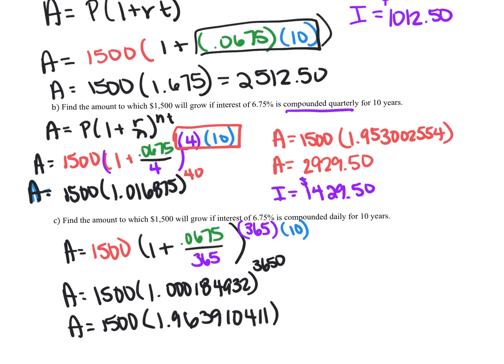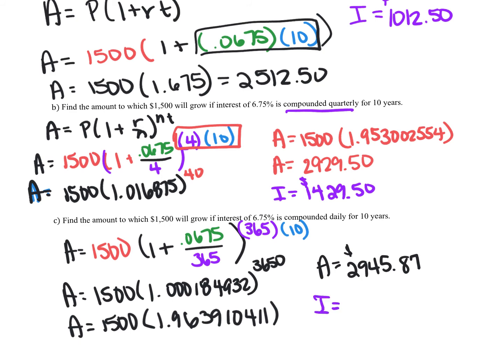I'm going to multiply that times 1,500, and I get a value of $2,945.87. And so A is now equal to $2,945.87. And again, if I want to find my I here, I just subtract off that 1,500 that I started with.